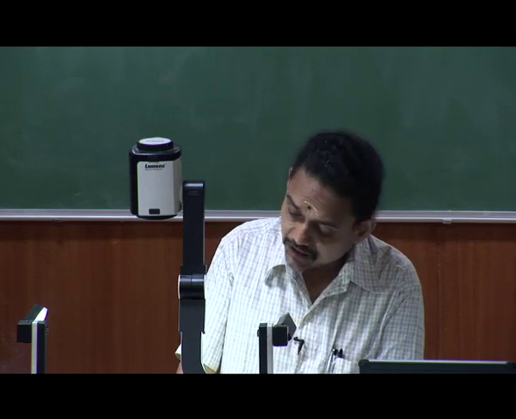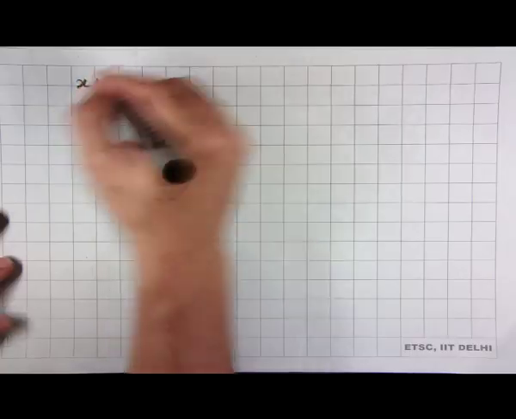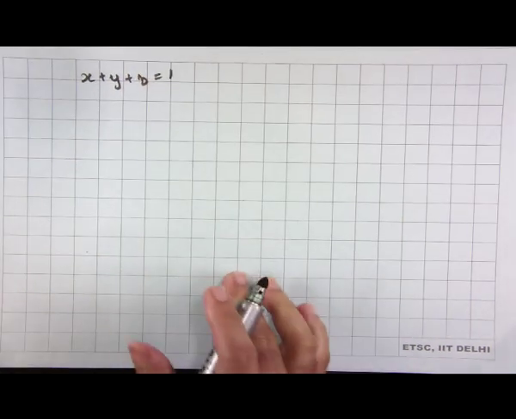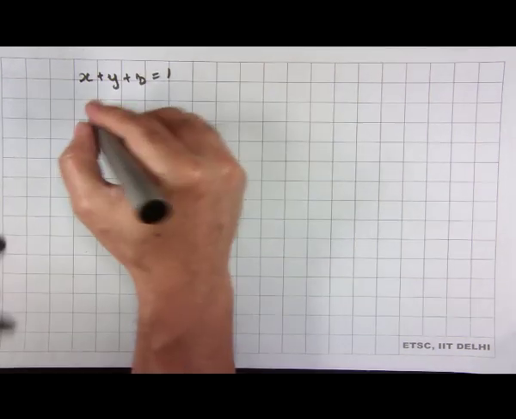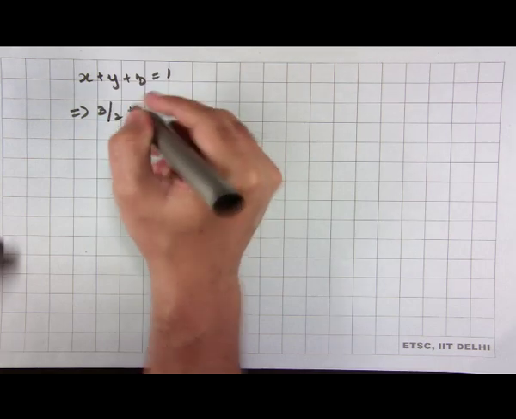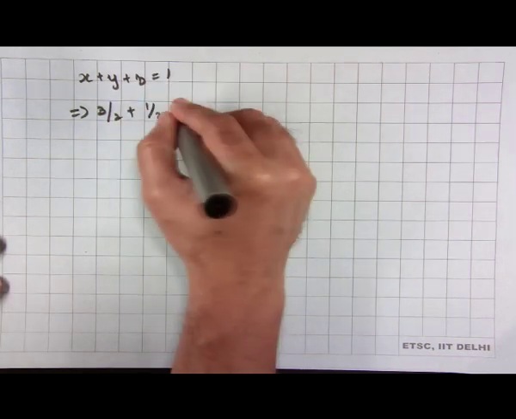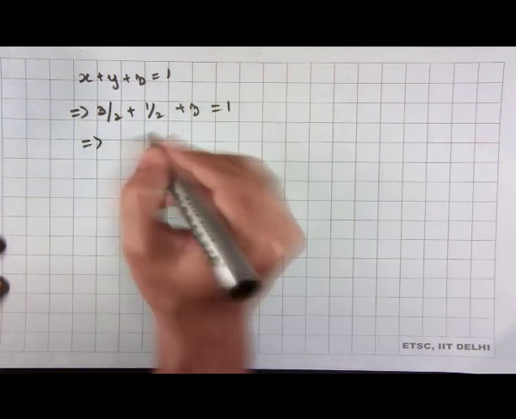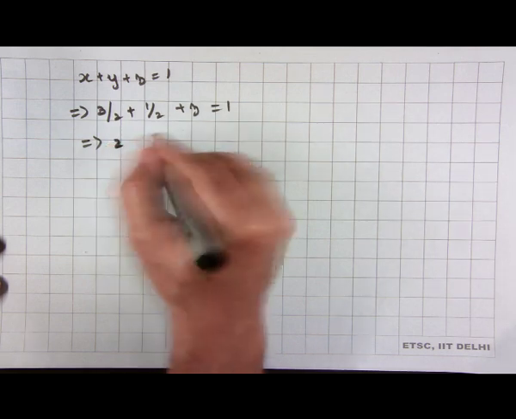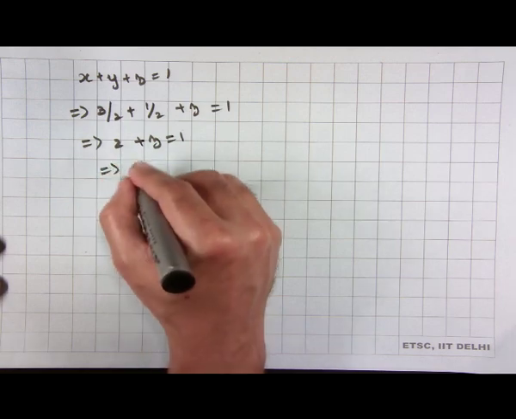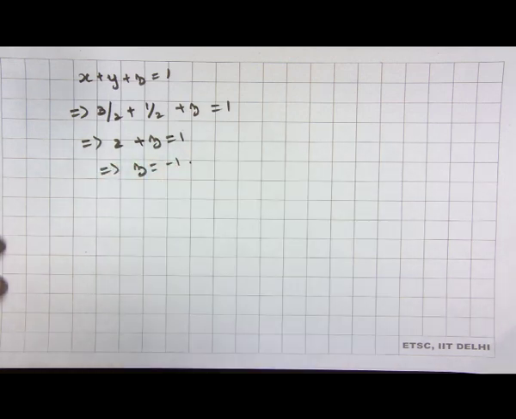Now, finally, let us look at the first one, x plus y plus z equal to 1. The value for x is 3 by 2 and the value for y is 1 by 2, plus z equal to 1. That implies 3 by 2 plus 1 by 2 which is 2, plus z is 1, that implies z equal to minus 1.